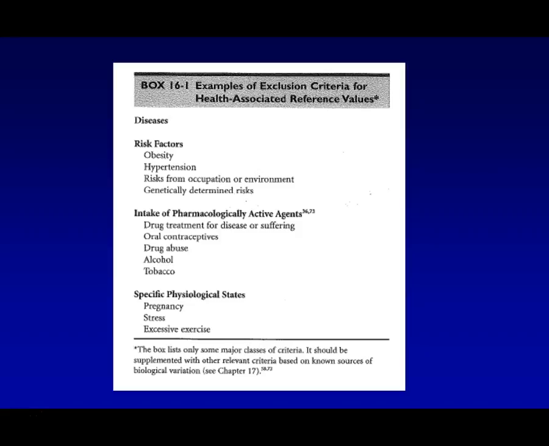It may also include the intake of pharmacologically active agents such as drugs, oral contraceptives, drug abuse, alcohol and tobacco. Sometimes specific physiological states are excluded, and these include pregnancy, stress or excessive exercise, because they all affect the outcomes of clinical chemical tests.